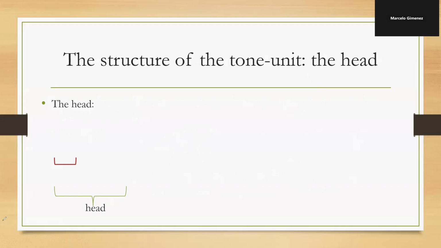Let's see. One syllable word, one syllable utterance, one syllable tone unit. Noise, with a falling tone. Pitch movement. Noise. Nucleus or tonic syllable. But how about this? Stop doing that noise.